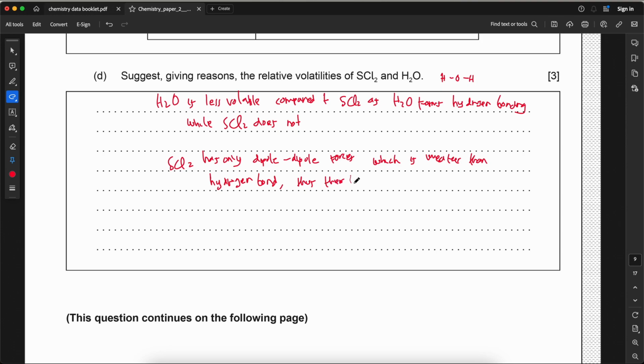Thus, their bonds are easier to break. So easier to break, easy to melt, and easy to evaporate. So the volatility will be higher for SCl2 compared to water.